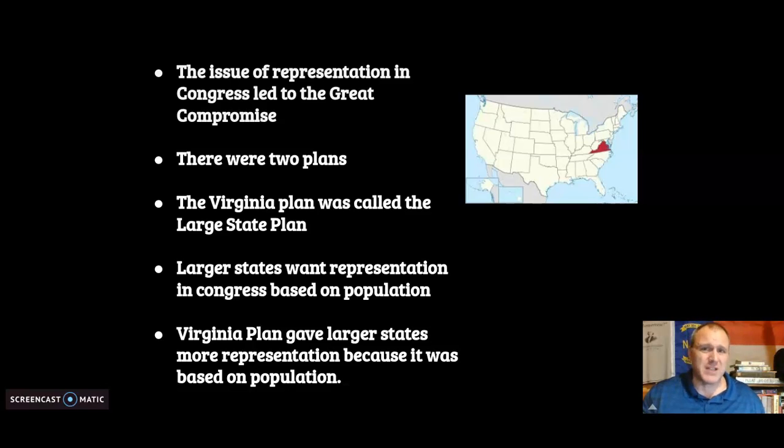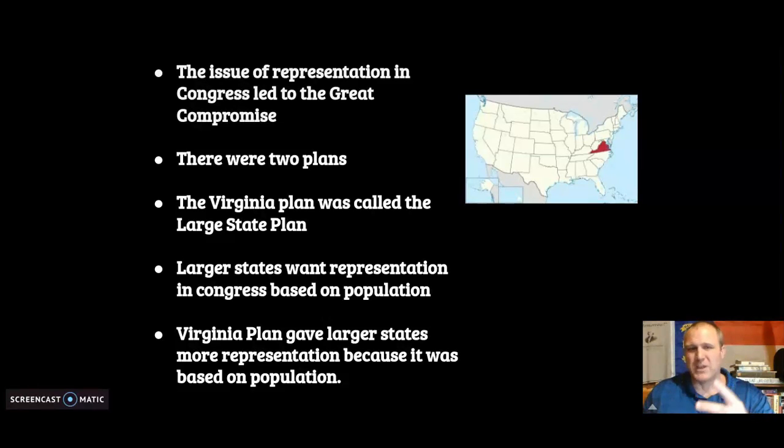Why does Rhode Island, who's this big, get to have the same amount of representation we do? So we have an argument, two different views at the beginning of our nation, and we're going to have a compromise. So the issue of representation is what brings out the Great Compromise.